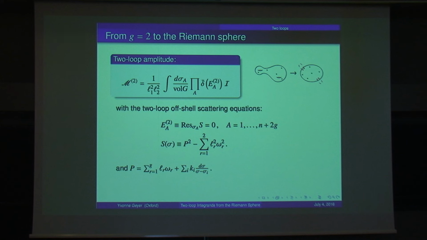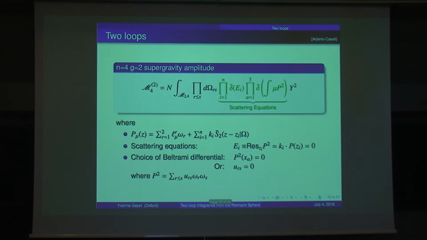The problem is that I've forgotten to tell you something, which is the following. Remember that we had a mu here, which I basically told you could pick anything here. So in particular, who told us that you should pick U11, U22, and U12 here, and not some linear combination?